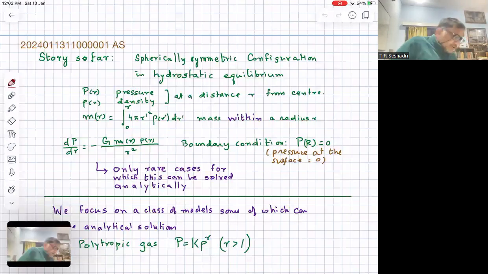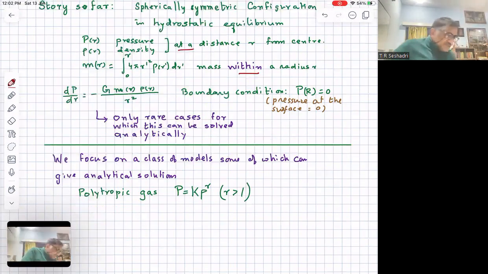And M of r is a non-local quantity, it is the mass within a radius, unlike pressure and density, which are at a distance r. In hydrostatic equilibrium, the radial derivative of the pressure, the gradient, will be given by this. So for the balance between gravity and pressure, we need to augment it with a boundary condition.